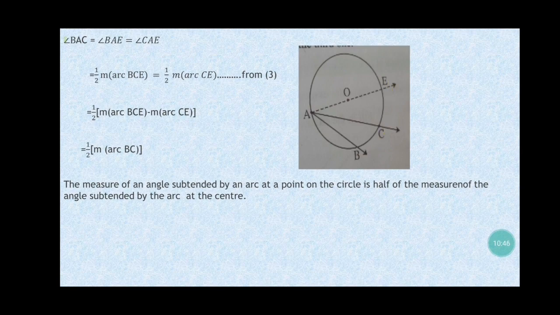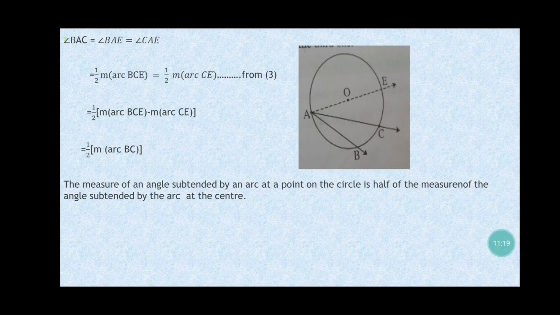And measure of angle CAE will be equal to half the measure of arc CE. Okay, so I'll substitute that. In place of the angles, I'll put the arcs over there. So it will be half measure arc BCE minus half measure arc CE. Now from the bigger one, if I subtract the smaller one, I'll get this part, right? So measure of angle BAC will be equal to half the measure of arc BC.